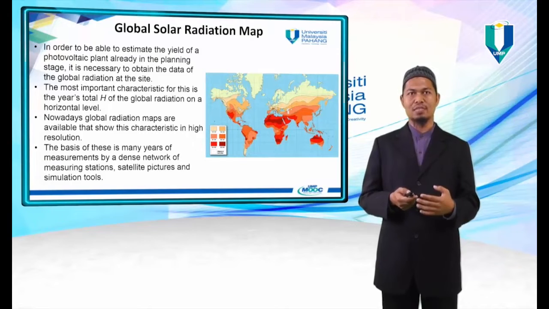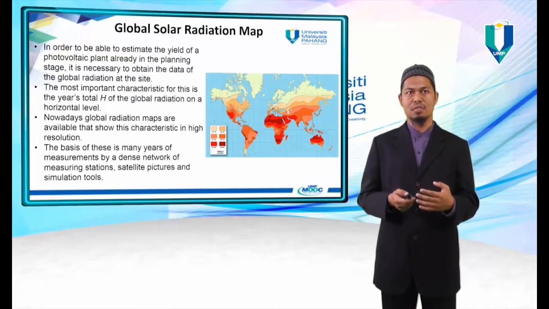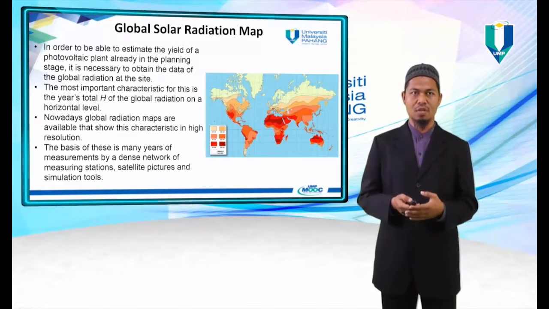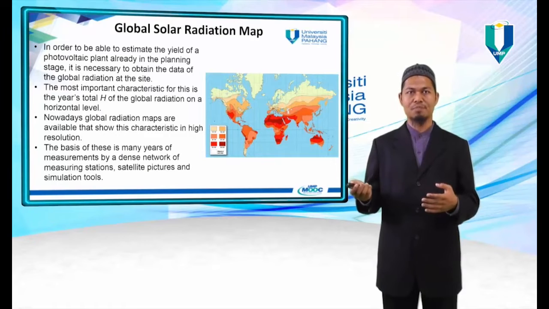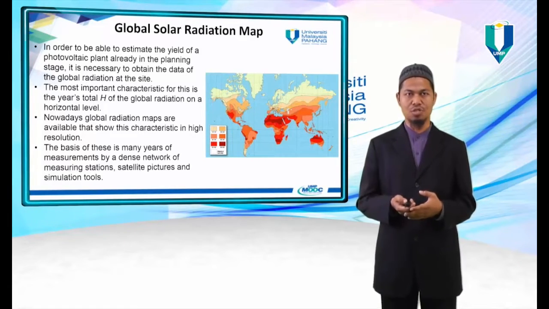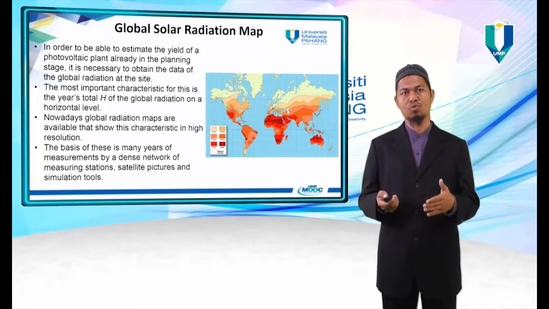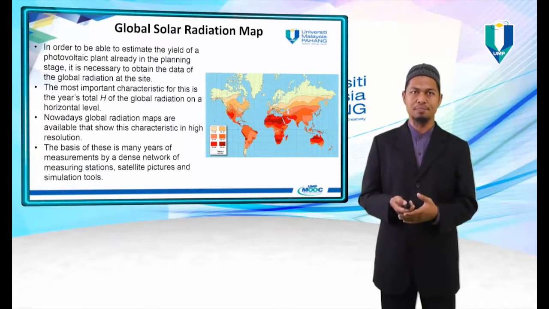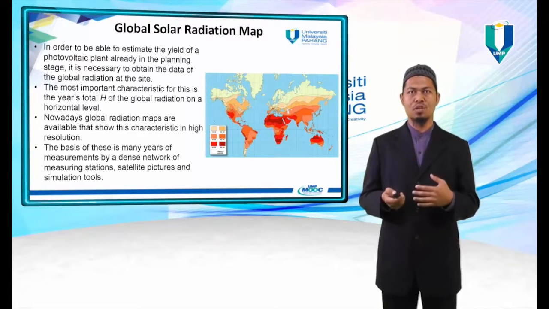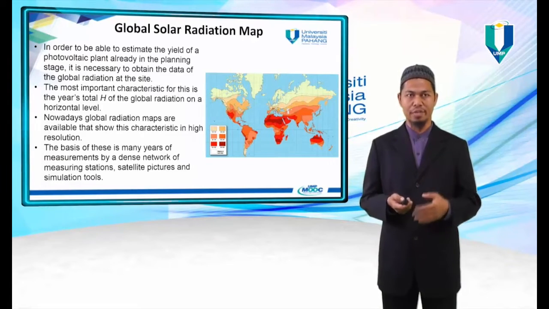The most important characteristic is the year's total H, the global radiation on a horizontal level. Nowadays, global radiation maps are available that show this characteristic in high resolution, so we can download the solar radiation map for our location.